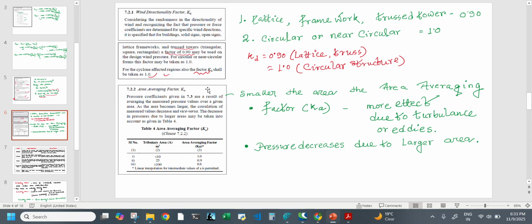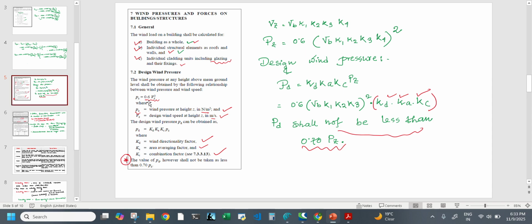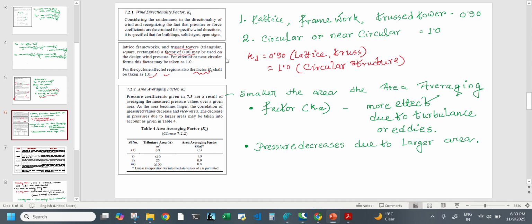And now the area averaging factor Ka. Wind directionality Kd we have recently discussed, and Ka is the area averaging factor. The pressure coefficient is the result of averaging the measured value over a given area. As the area becomes larger, the correlation of the measured value decreases, and vice versa.